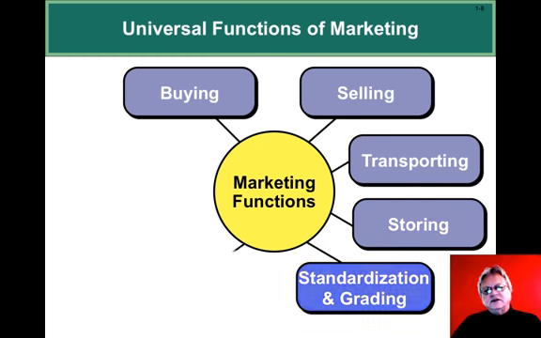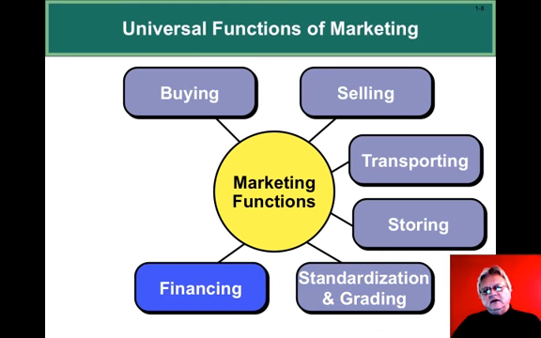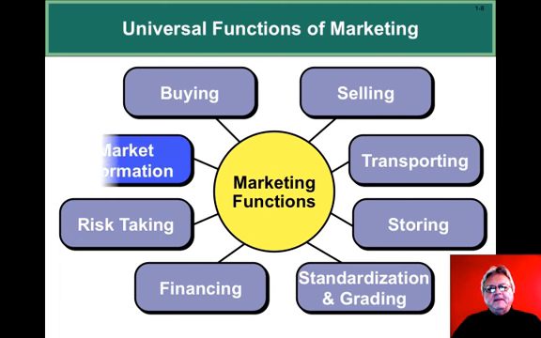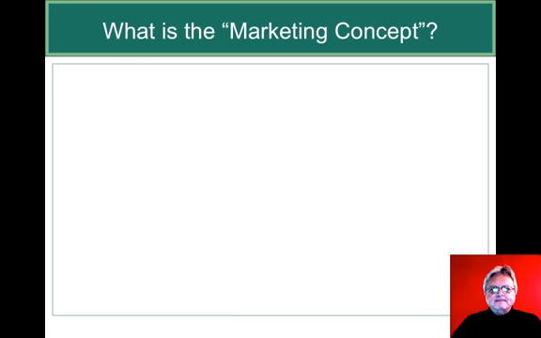Also standardization and grading, financing. We think of financing as a separate function, but there's a lot of financial tools used in marketing. Anybody involved in marketing is involved in risk-taking, and also marketing research and various types of marketing information. So those are some universal functions of marketing that we'll be studying throughout the course.